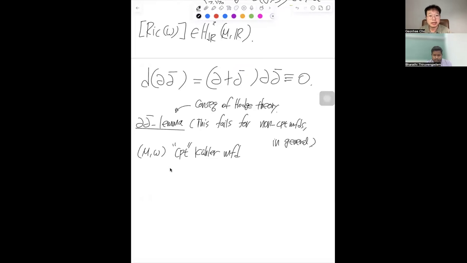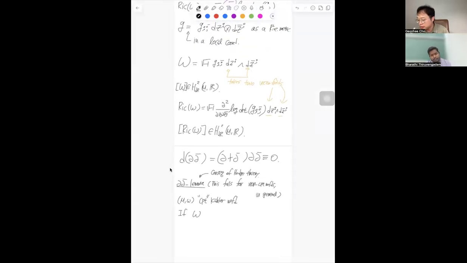So here's the setting. Suppose omega and eta, like the previous two elements, are two real (1,1)-forms in the same cohomology class.